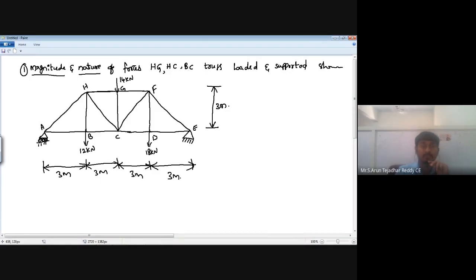This is your HG member, this is your HC, BC. He is asking find the three member forces of given truss. So finally we should calculate these three member forces. Now start the solution.